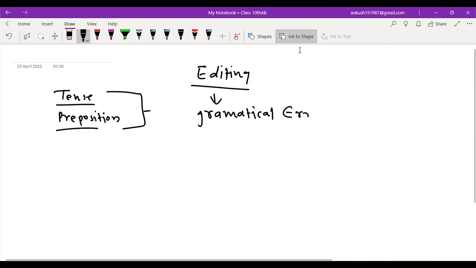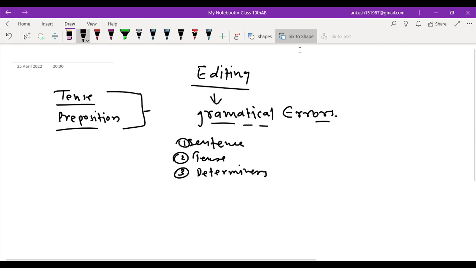They may be related to sentence, tense, determiners, narration, and voice as well.